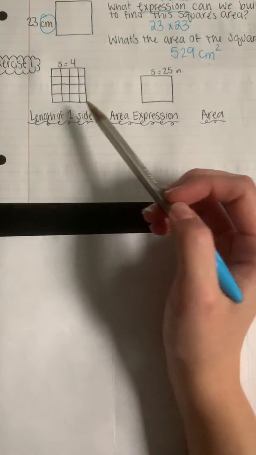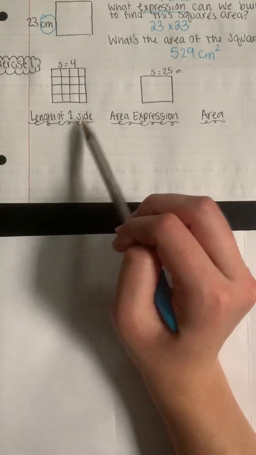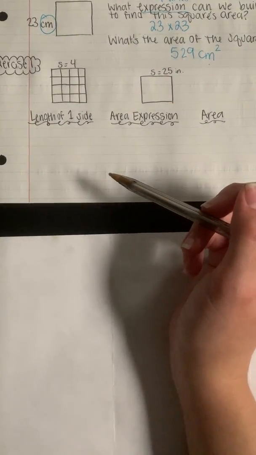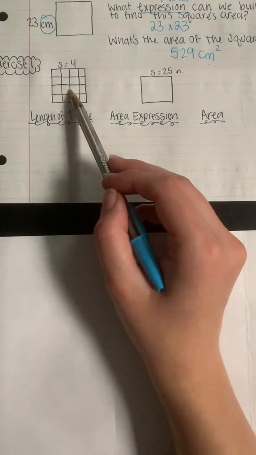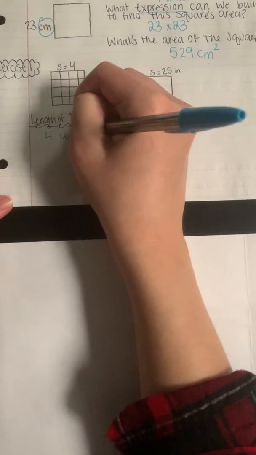So for each square, they want you to fill in these questions. The length of one side. So I'm going to start with this one. The length of its side is 4 units. So I'm just going to write 4 units.